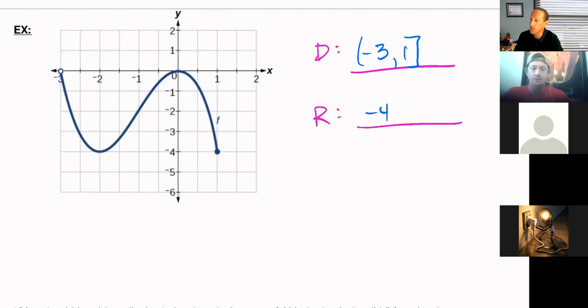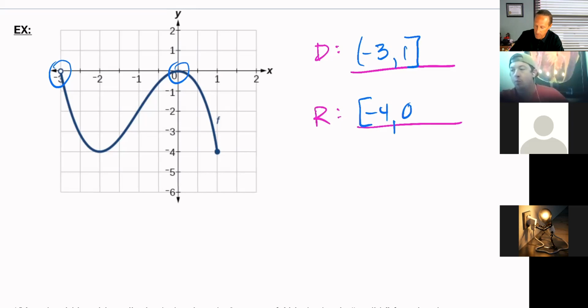Is it included? Is that y value on my graph? Yes. Bracket all the way up to what? 0. Now, is it included? No, it's not. So this one doesn't count? Well, it does. Yeah, and that's what's tricky, right?